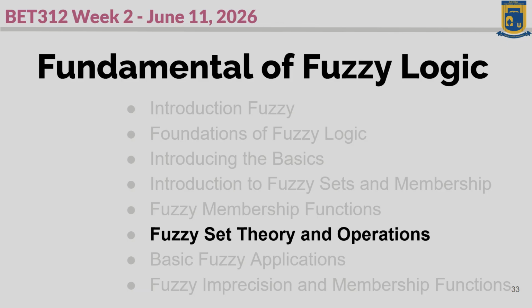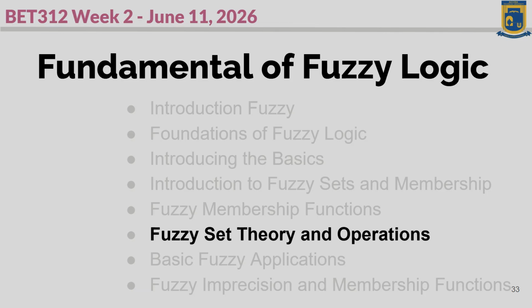The only thing is that now we are talking about the degree of membership, or the degree of truthfulness. So we are going to use probability-like values. If it is one, it means it's 100% a member. If it is zero, it means 0% a member, or not a member completely.